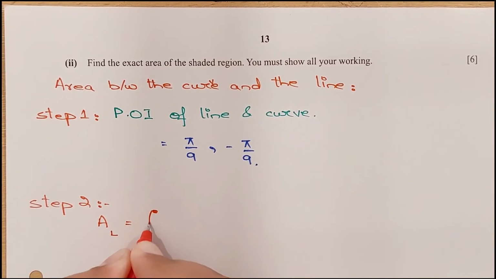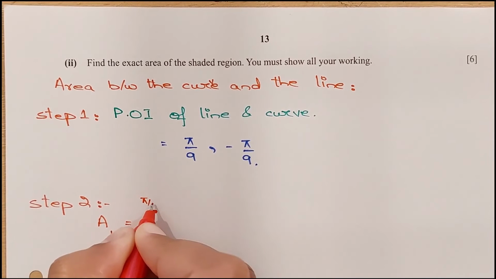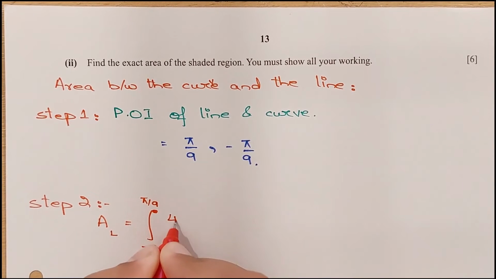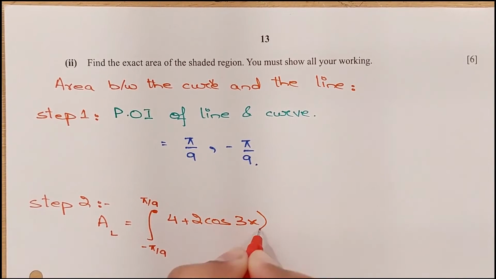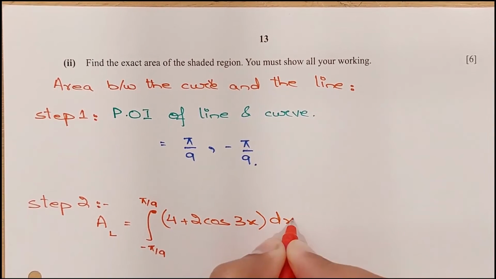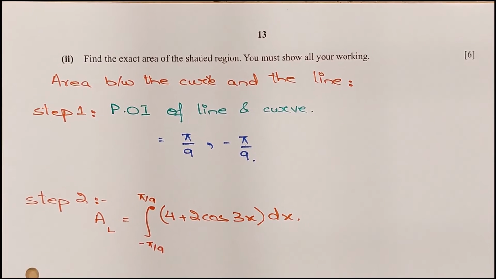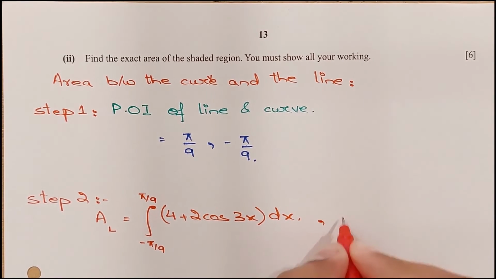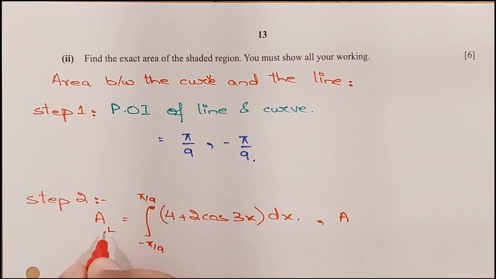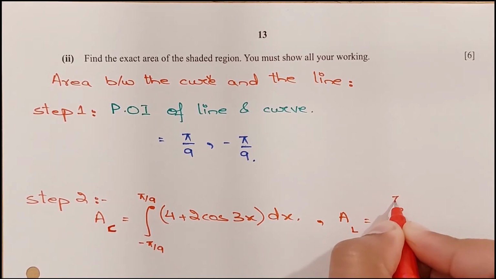This equals integration between minus pi by 9 to plus pi by 9, and the curve is 4 plus 2 cos 3x. So we have to do its integration with respect to dx, right? And we have to do the second one as well. We can say area of curve, and area of the line is integration minus pi by 9 to plus pi by 9.